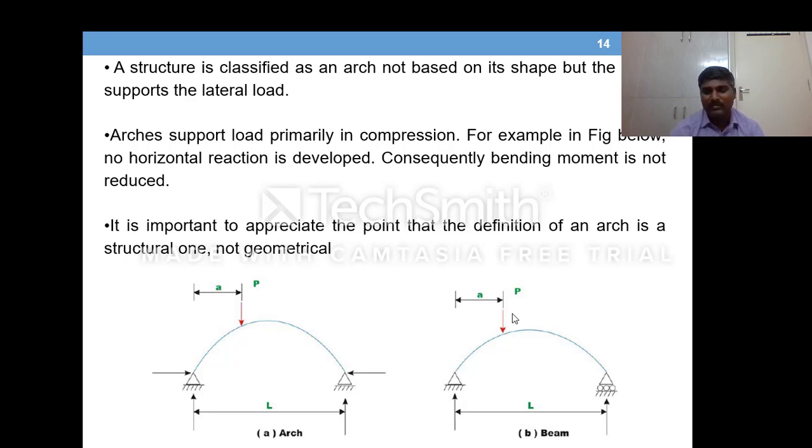A beam will not have any horizontal reaction, whereas arches will have horizontal reactions. So it is important to appreciate that the definition of an arch is a structural one, not a geometrical one. Just by looking at the geometry, you can't say this is an arch.